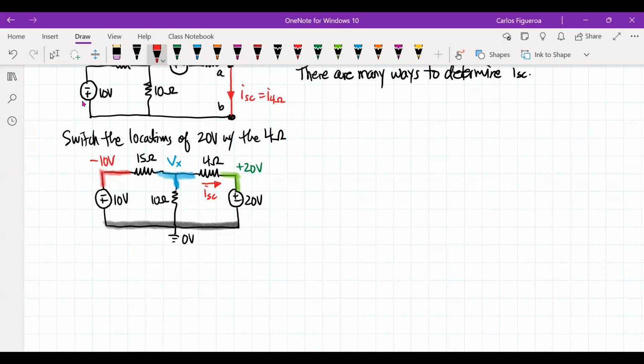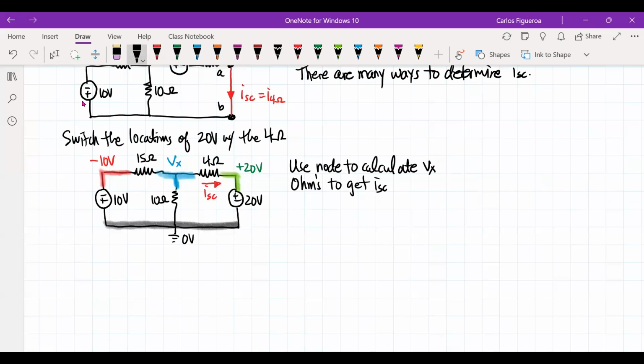So I'm going to use node to calculate Vx, and then I'm going to use Ohm's law to get I short circuit.